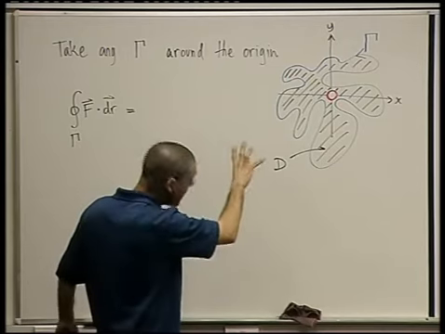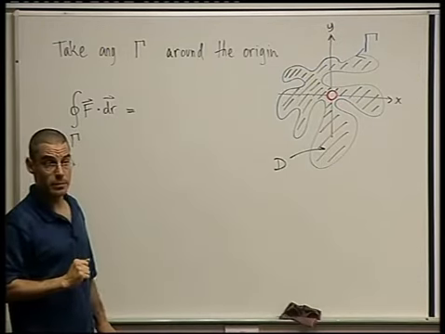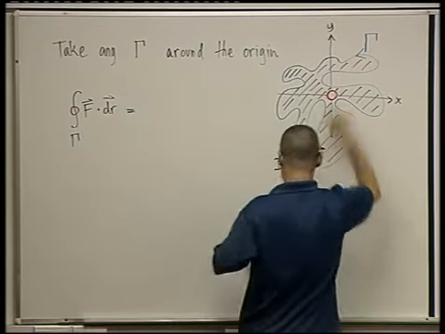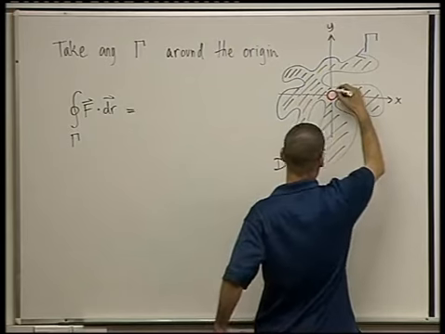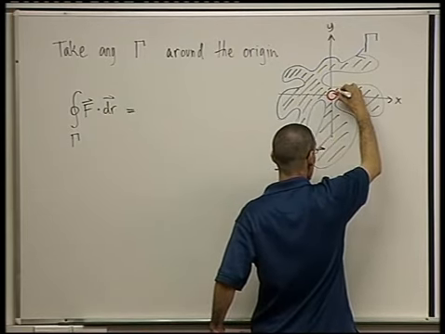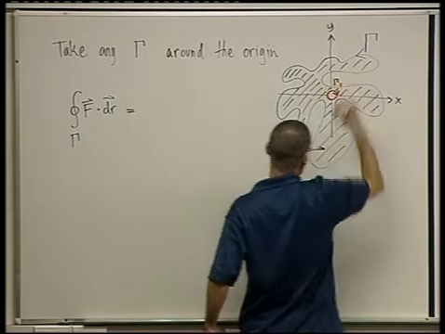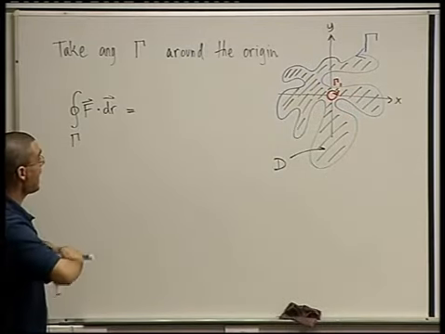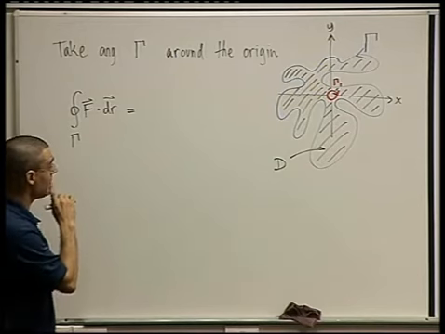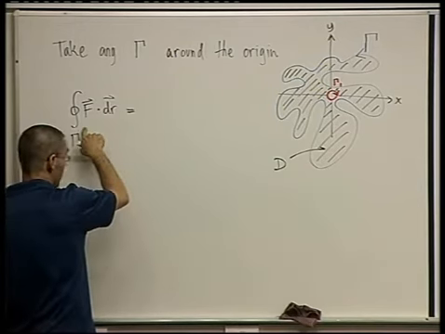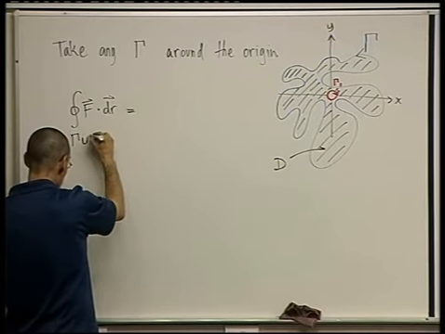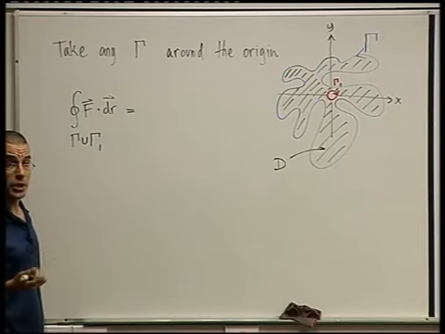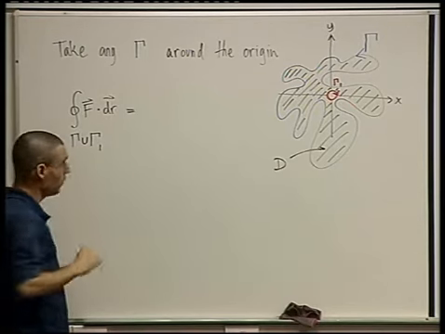So on this domain, can I use Green's theorem? The answer is yes. So let's call this little hole gamma 1, and oriented clockwise so that it's positively oriented with respect to our domain. Okay. And now what I can say is that the integral over gamma union gamma 1, gamma is the blue which I was originally interested in, and gamma 1 is the little red hole.